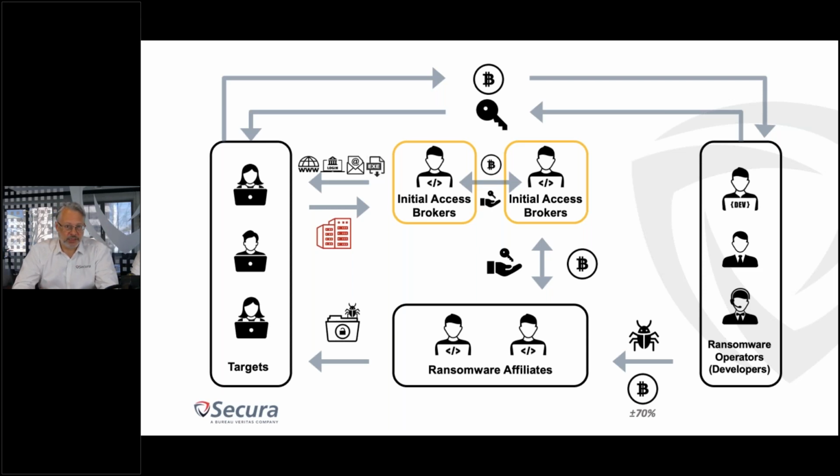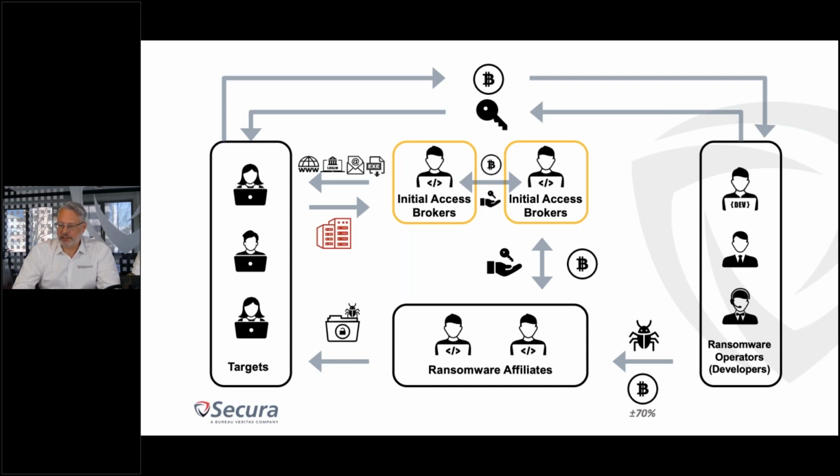There are more marketplaces, of course, than just Genesis Marketplace. The other really big one currently is called Russian Market. And I will show you later on in this webinar what that looks like, how you can actually interact with that market if you so wanted to and had a criminal intent. Not that we'll be doing that, but I'll show you.